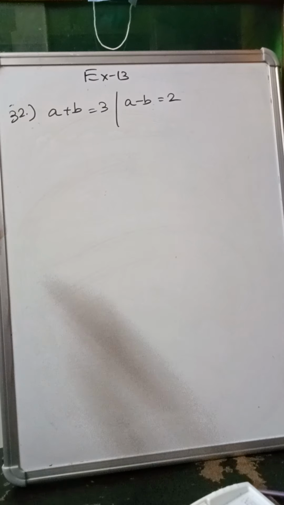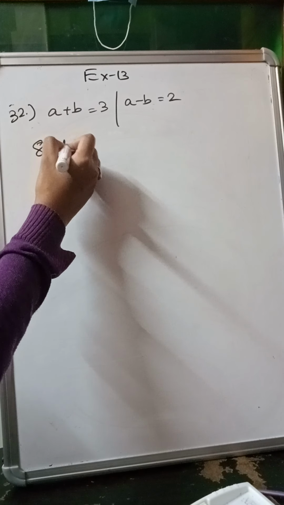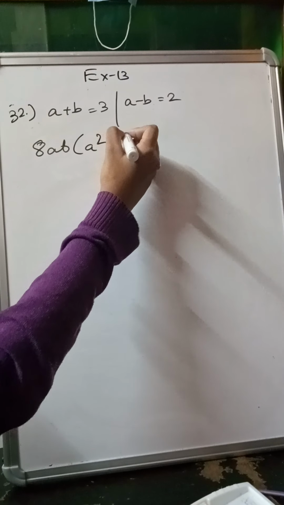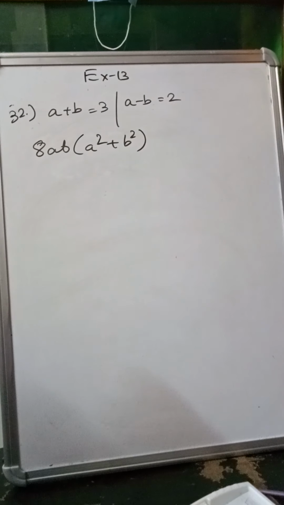And we have been asked to find out the value of 8ab into a square plus b square. Okay, now see, this is a bit difficult sum. So how can I write this? We can write this 8ab as 4ab into 2a square plus b square, right?